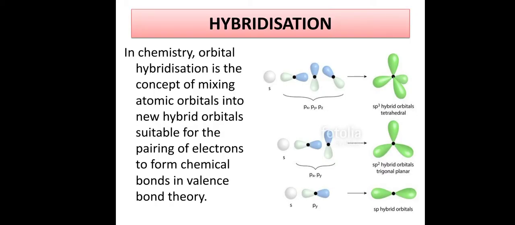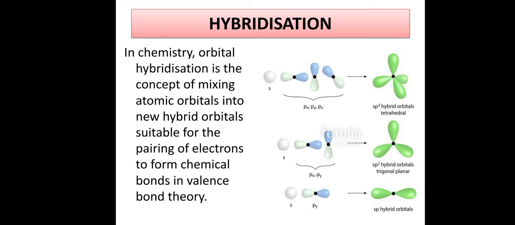Now we will see hybridization. In order to explain the characteristic geometrical shapes of polyatomic molecules like CH4, NH3, H2O, etc., Pauling introduced the concept of hybridization. According to him, atomic orbitals combine to form a new set of equivalent orbitals known as hybrid orbitals.